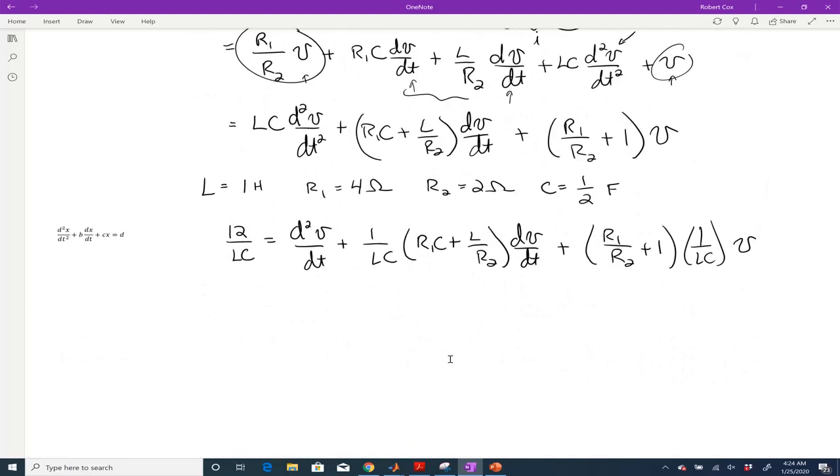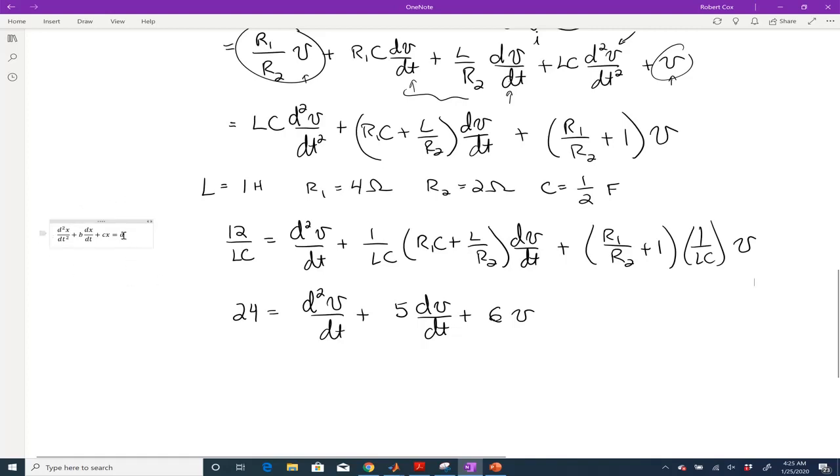Now I'm going to plug in those numbers. This becomes 24 equals d squared V/dt squared plus 5 times dV/dt plus 6 times V. That is in the standard form I have written over here: a constant equals a second order differential equation with a coefficient of 1 on the first term.